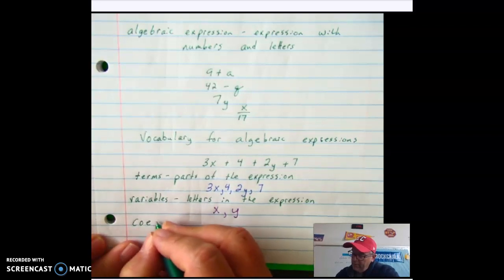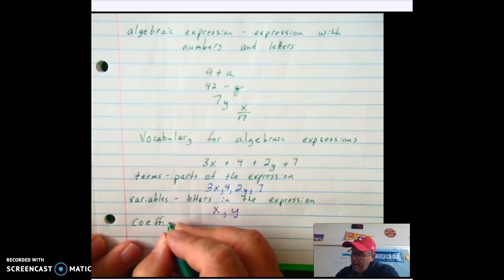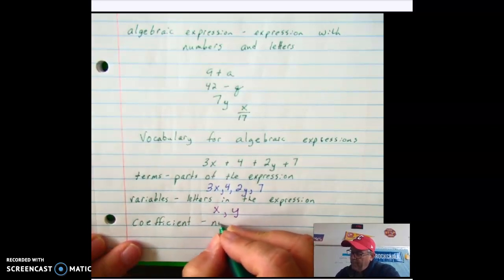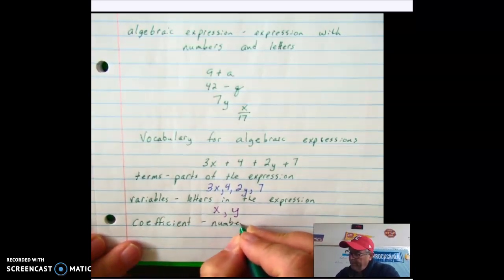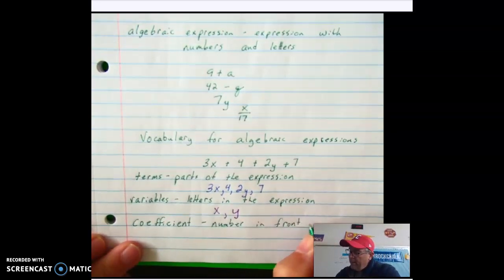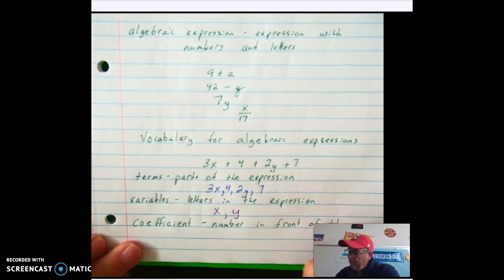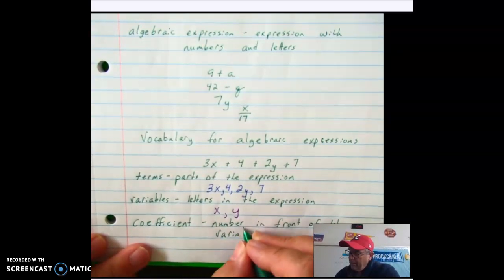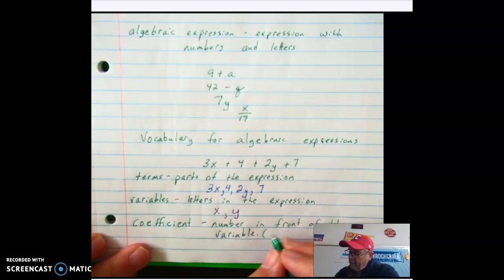The next thing that we have, this is a big one for us, is called a coefficient. And a coefficient is the number in front of the variable. And those numbers are stuck to it.